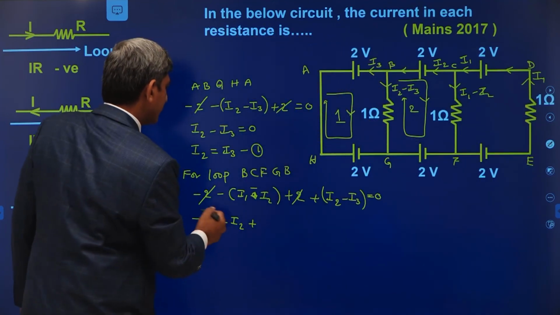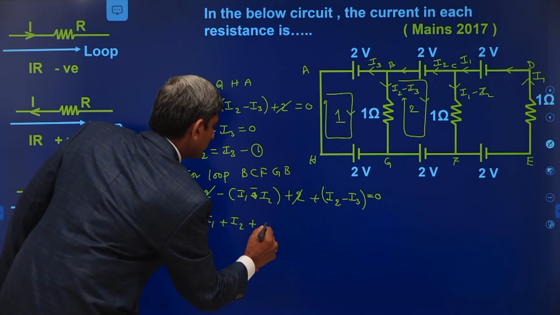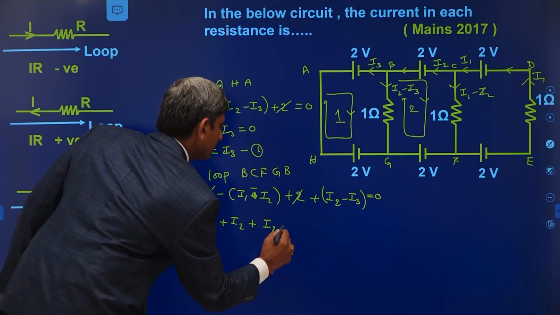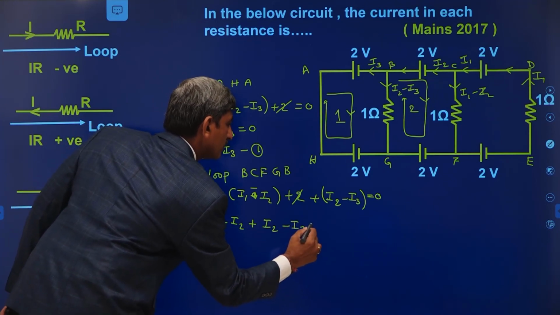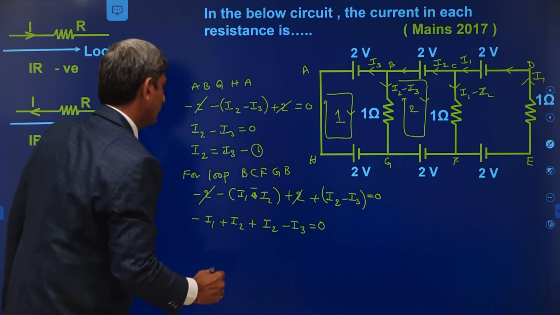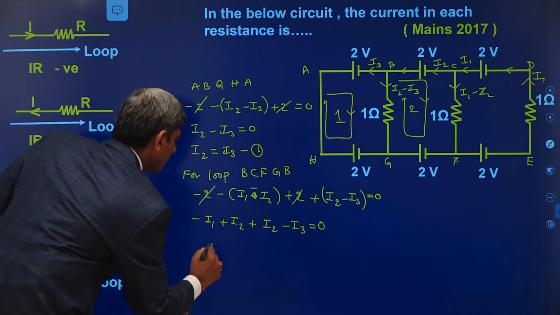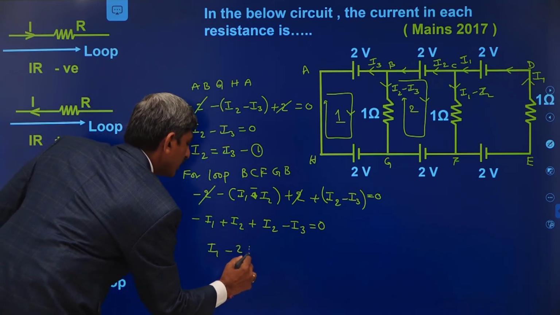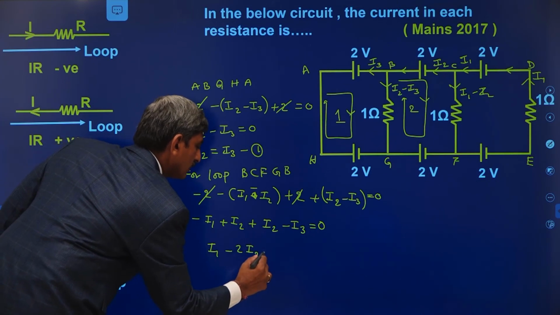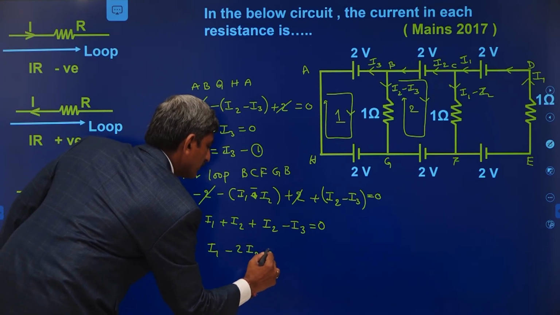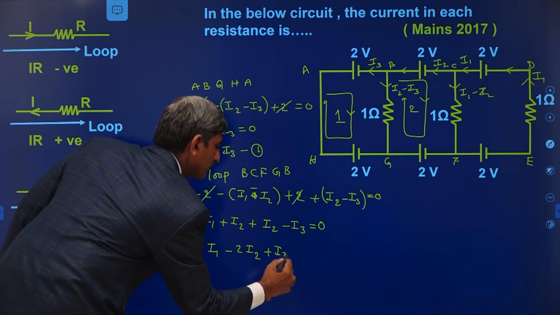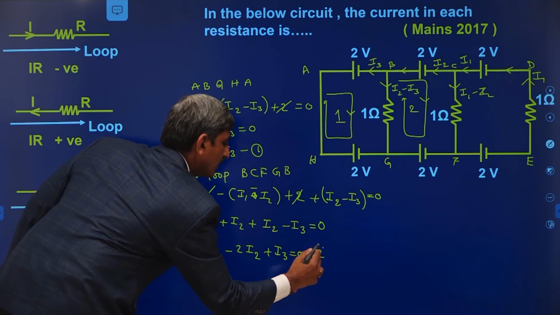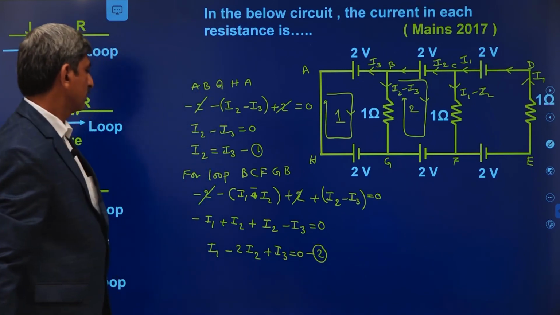So here we have plus I2 minus I3 is equal to 0. From this we have I1 minus 2I2 plus I3 is equal to 0. Let it be equation number 2.